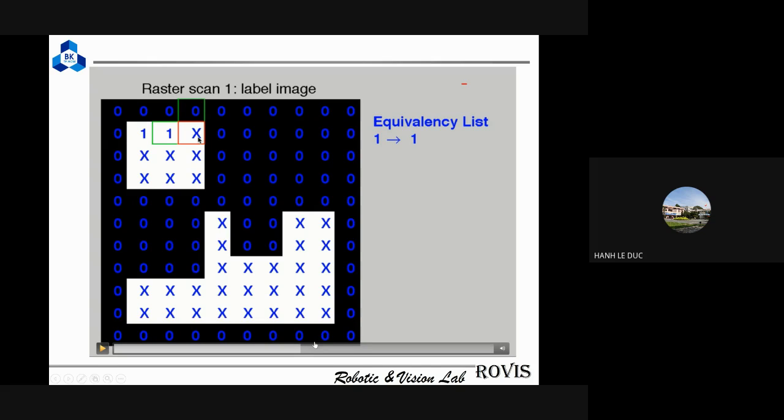Okay, so why is the second one number one? Because we use the connected component like this. The center pixel here, and the pixel here is connected to the center. They are neighbor connected components, so it will become one.